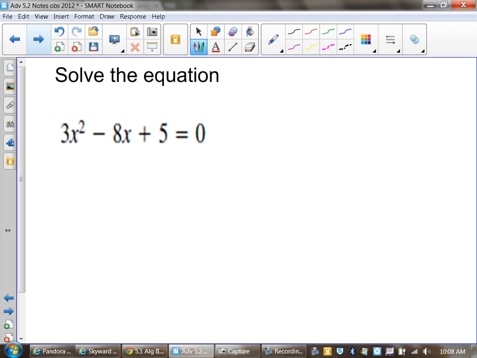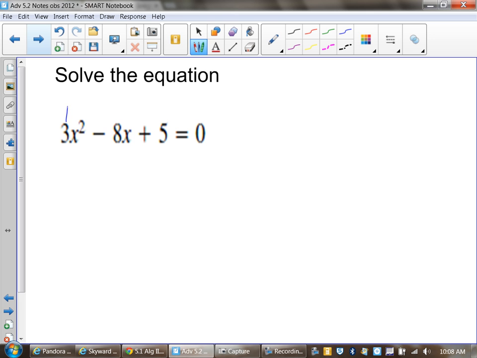When you're dealing with leading coefficients that are not equal to 1, the method that I use to do these by factoring is called factoring by grouping. I find that this method tends to be maybe a step longer than some of the other methods, but it forces you to get the right answer, for lack of better terms.